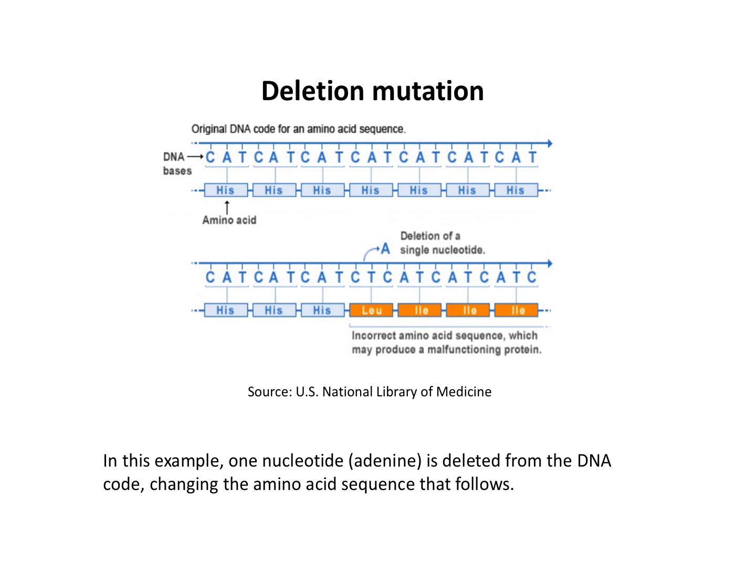Because as you remember, the codes go by three, three, three. So one is gone, then the frame shift happens. The whole frame shifts, resulting in changing the amino acid sequence. So instead of histidine, histidine, histidine in the top panel, you see histidine, histidine, histidine followed by leucine, isoleucine, and a lot of different amino acids.